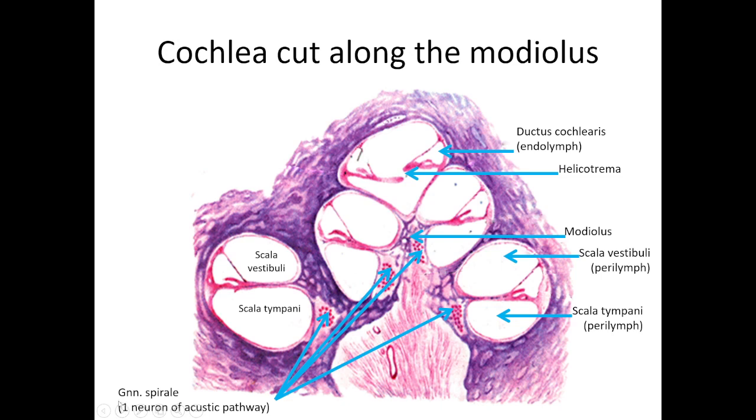Each fiber contains a swelling, the ganglion spirale, and very important information: inside of it, the first neuron of the acoustic pathway originates. So ganglion spirale is the first neuron of the acoustic pathway.